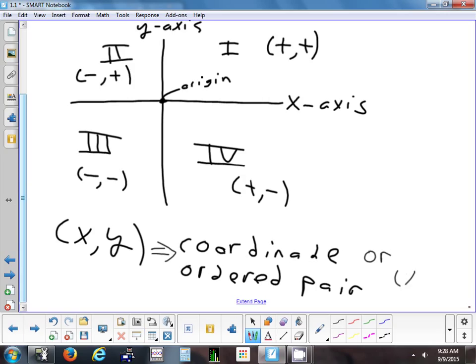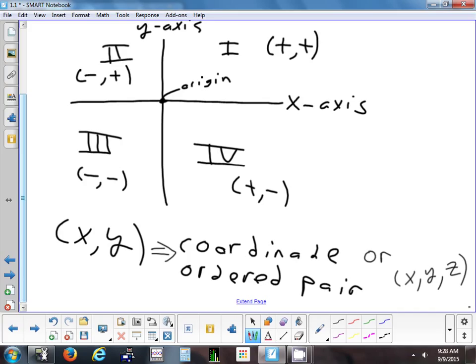Anybody know what we call something like that? Coordinate trio. Well, you can call it just a coordinate, or the second thing, you're kind of on the right idea, ordered triple. Yeah, you're on the right track. And the only difference in 3D is now you have an x, a y, and a z-axis.